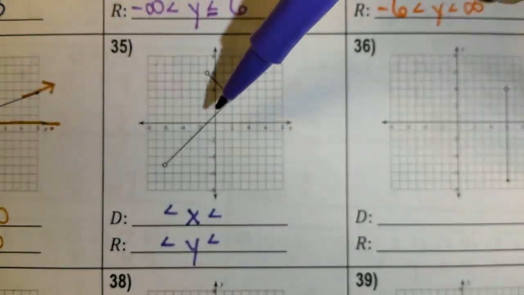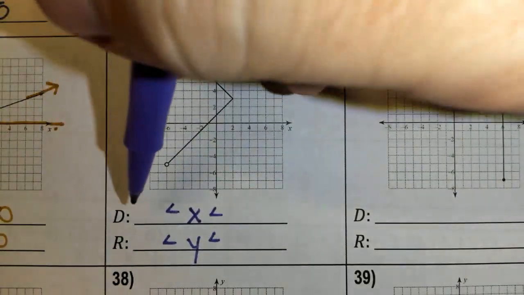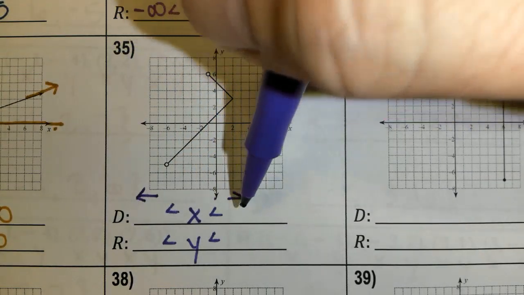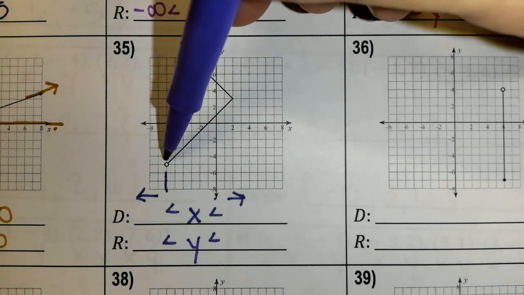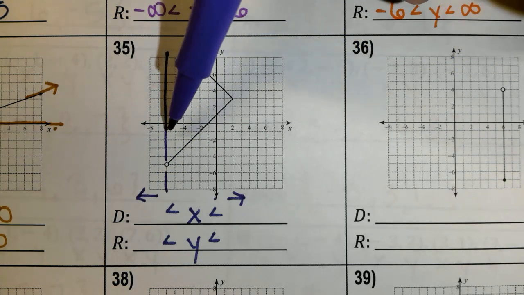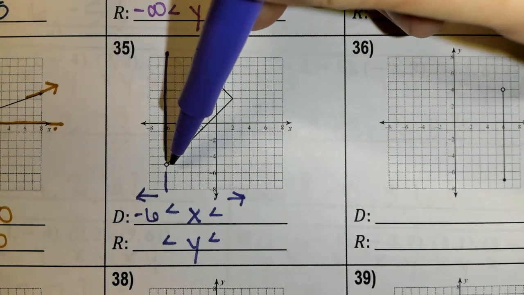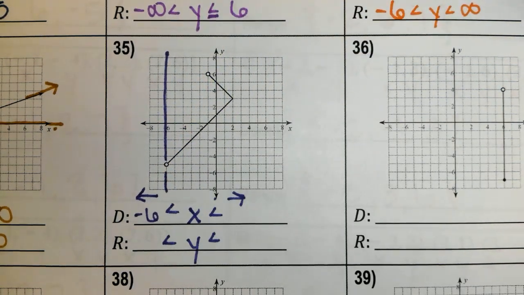Now, because I don't have any arrows to help me start, I'm just going to start with domain and do left to right. So the leftmost point, or the furthest left that I can go, is right here, which is -6. And because it's an open circle, I am not going to underline that.